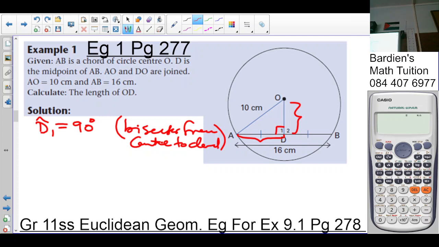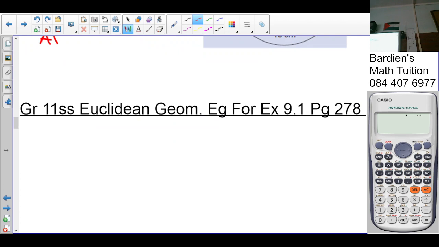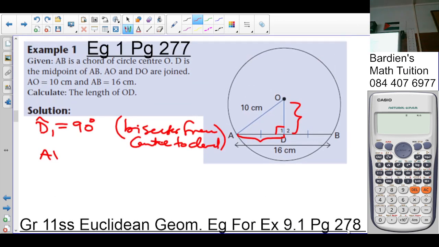Half of 16, which is 8. So AD is equal to 8. Why is AD equal to 8? Because it's given that AD is equal to DB.